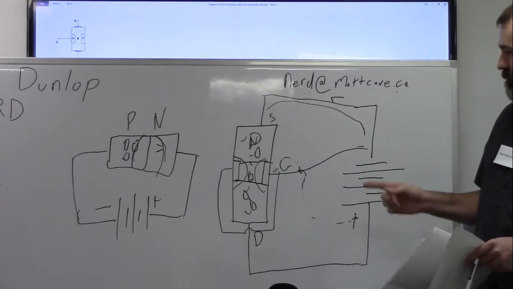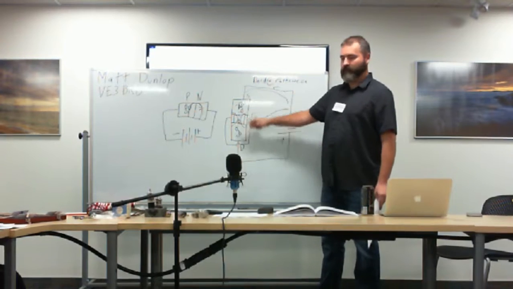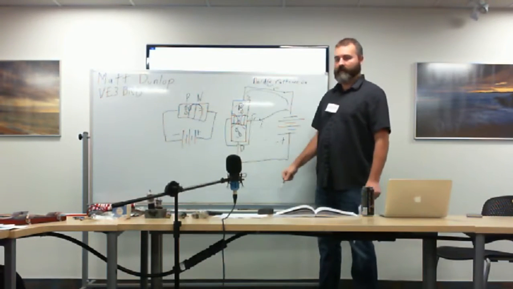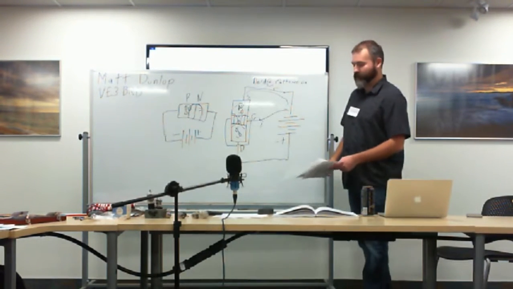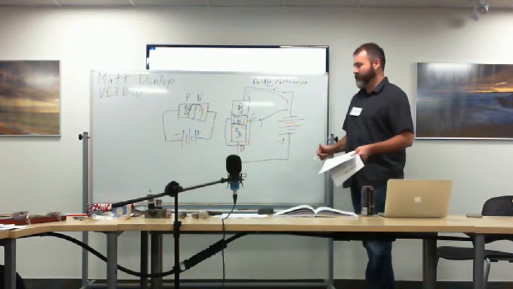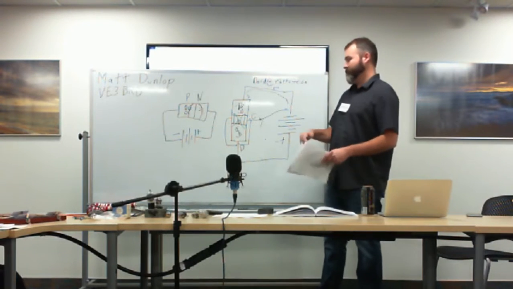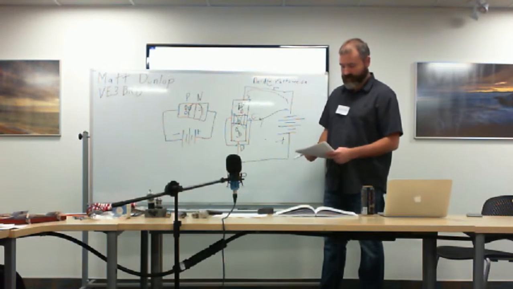The other thing to note is because this is a conductor, in theory electrons can flow in either direction, but manufacturers have doped the material in such a way that the electrons flow better in one direction than the other, so just follow their directions. If they say it's a drain, use it as a drain.